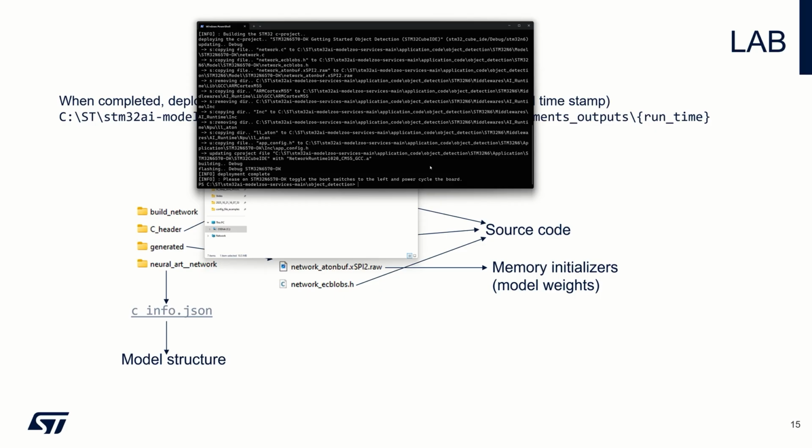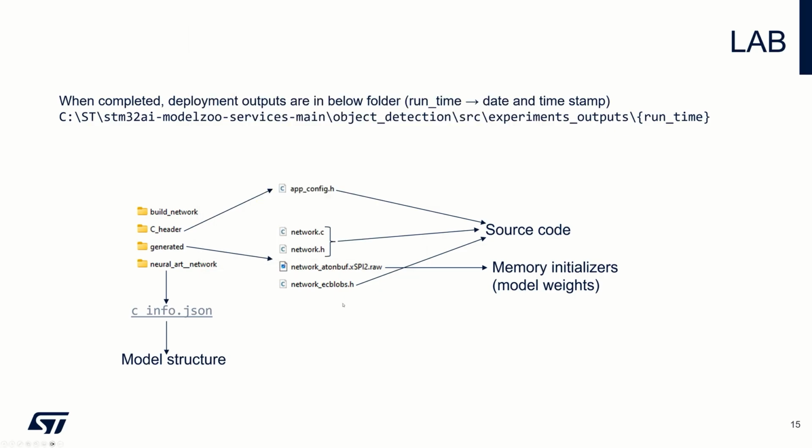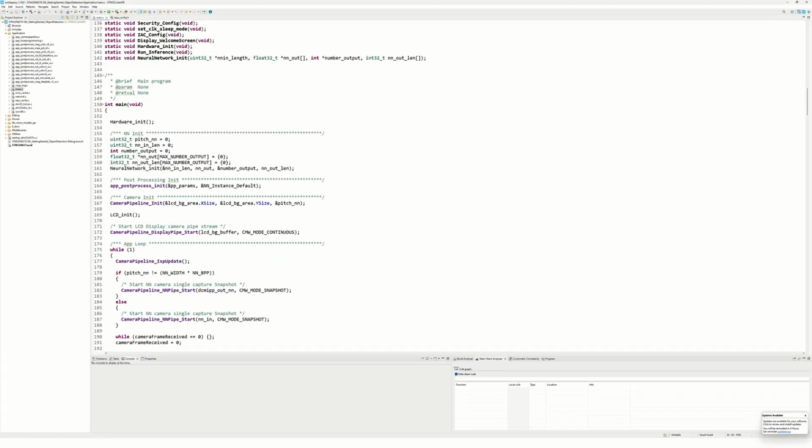So now I need to switch the boot mode to the flash boot mode. So switching boot 1 to the left position, and now the YOLO V2 model is running on my board. So let's see if it is visible in the source code.